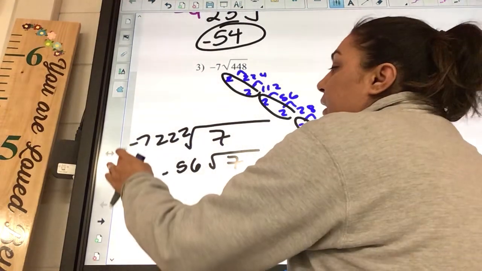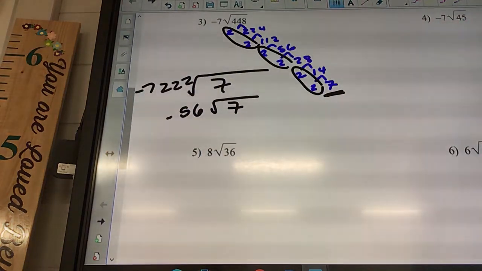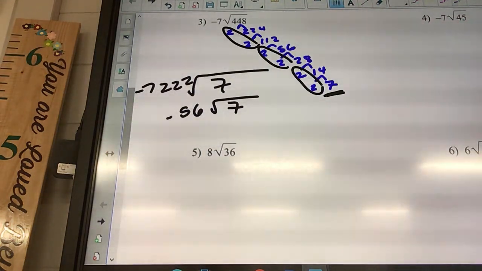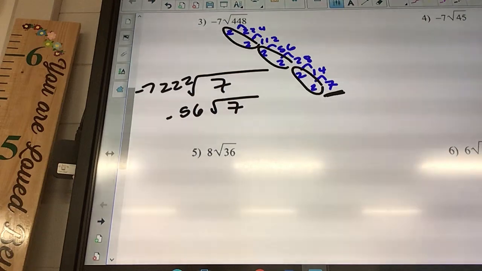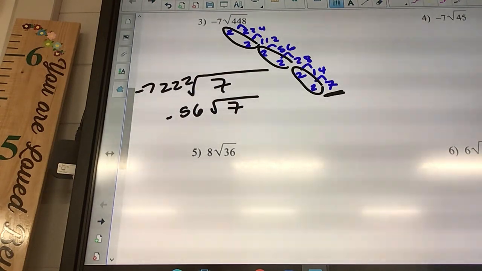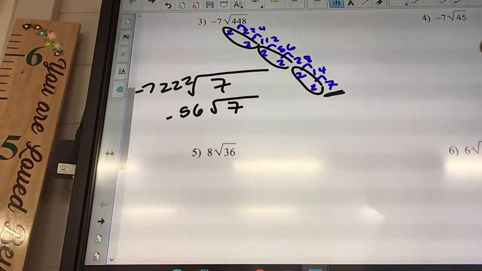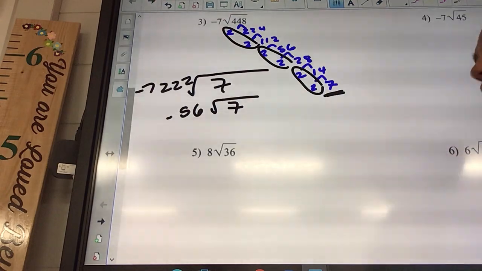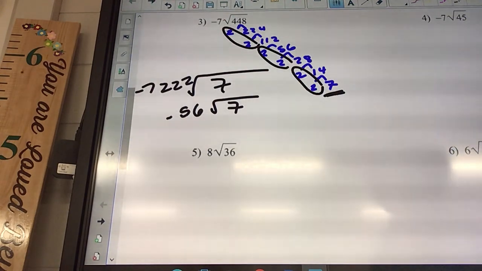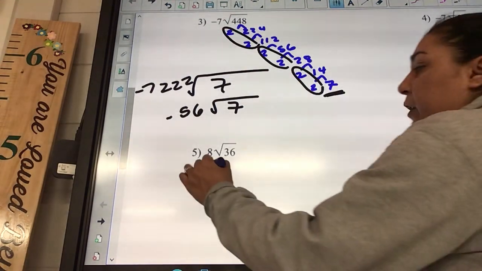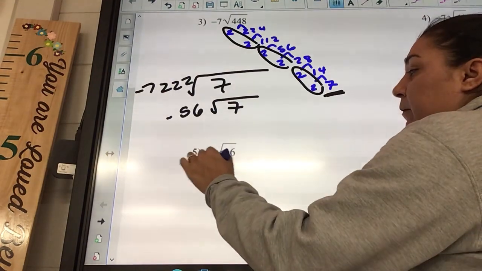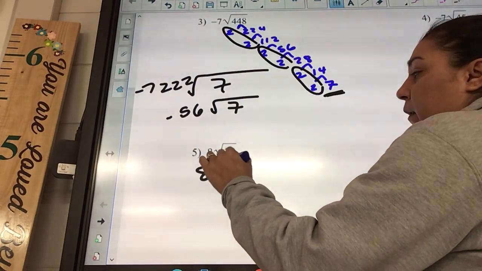Some of these, if you've already done this and you know what the square root of 36 is, because we've already done it on a previous problem, this gave us what for the radical part? 6. So, was there anything left over on the inside?